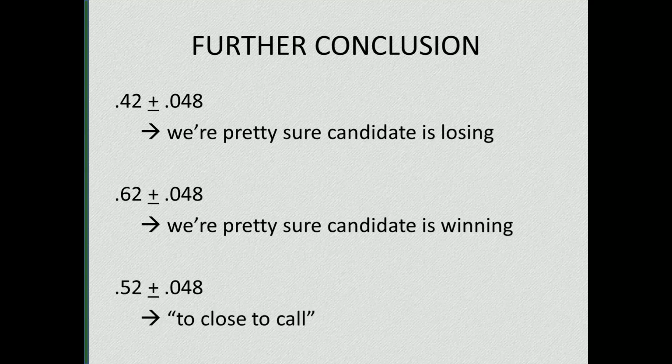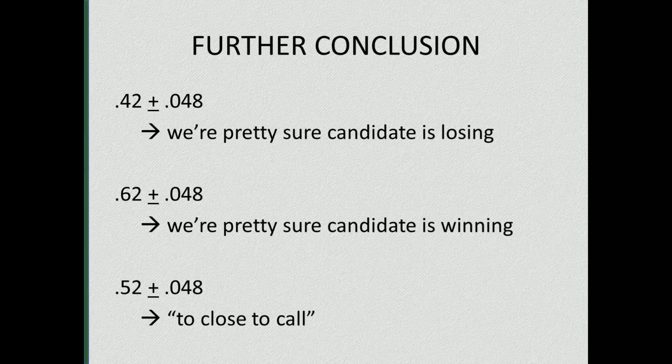What if it's 52 plus or minus 4.8? Yeah, the candidate appears to be leading, but there's enough uncertainty, there's enough margin for error that, generally speaking, we would say that election is too close to call.